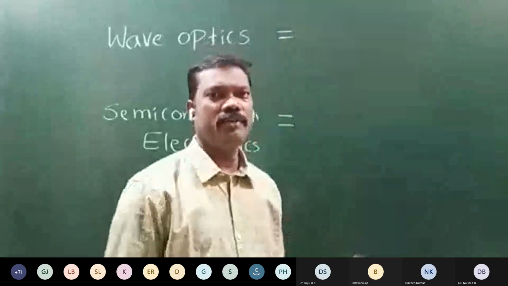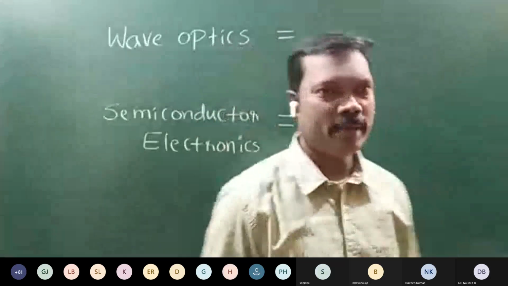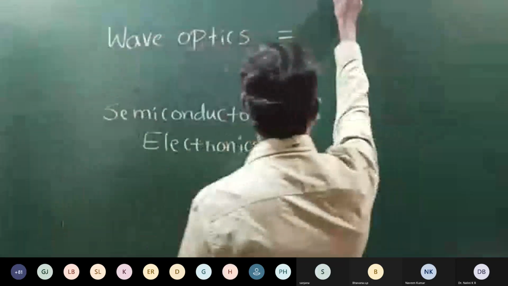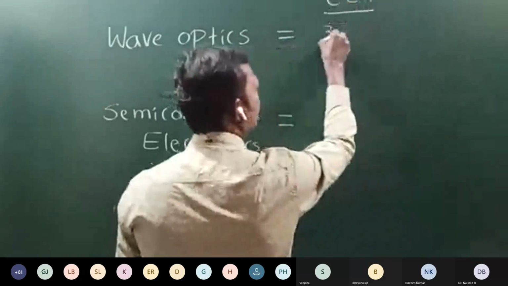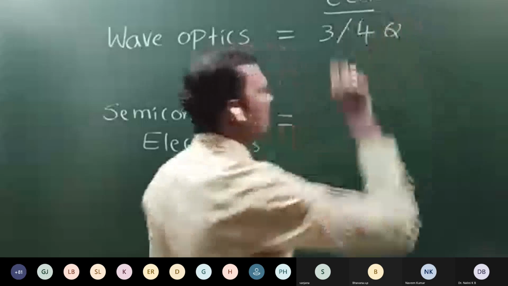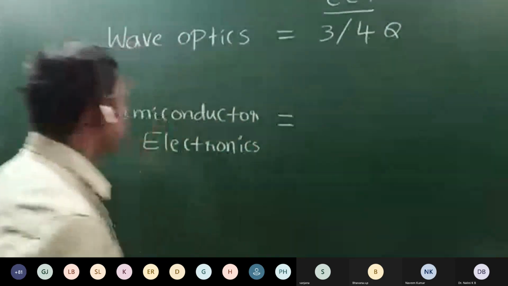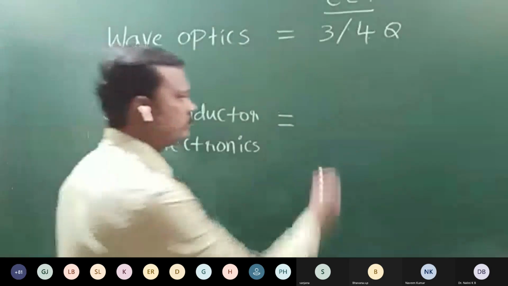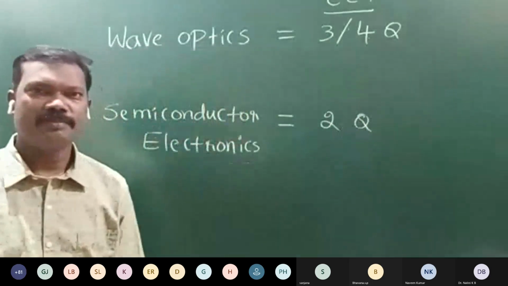Before we start, you should know the weightage of these chapters. From wave optics, for CET, they are going to ask 3 to 4 questions. 3 to 4 questions will appear in CET. Whereas in semiconductor electronics, 2 questions will appear in the exam.